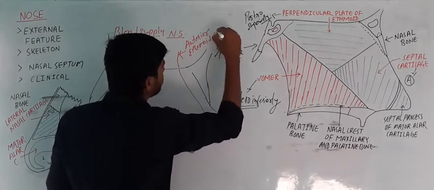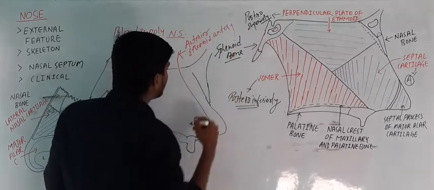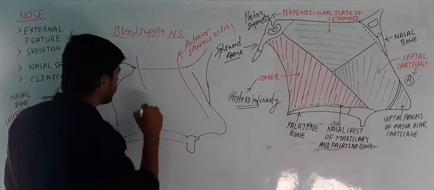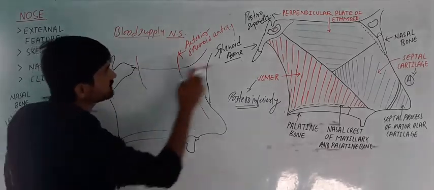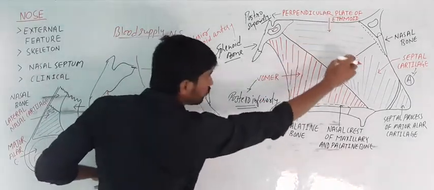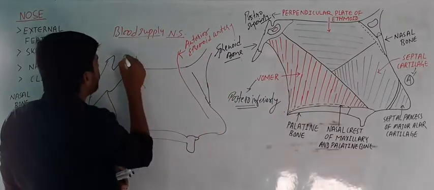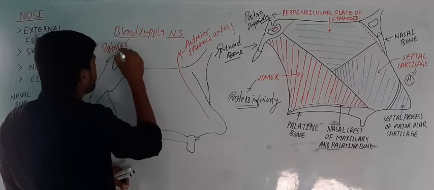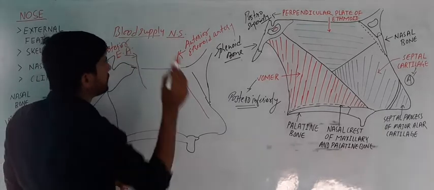Anterior ethmoidal artery. One comes from here, that is called the anterior. This is the posterior. This part is fully formed by the ethmoid. So this is the posterior ethmoidal artery. Am I right?